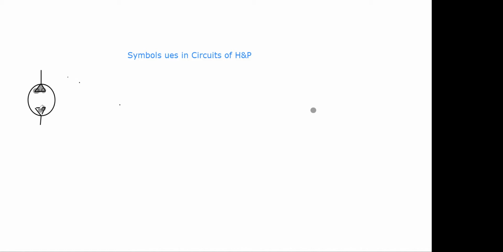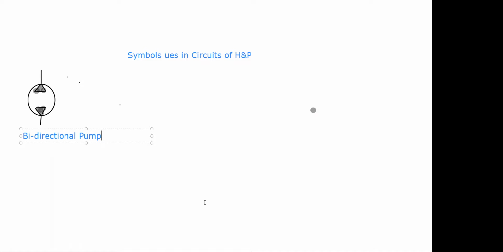Again, this is pumping the fluid. That's why this triangle is also filled like this, shaded here. So this becomes the bidirectional pump. This is the symbol for the bidirectional pump here.